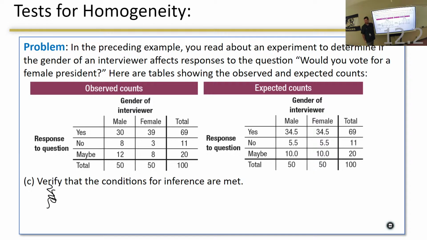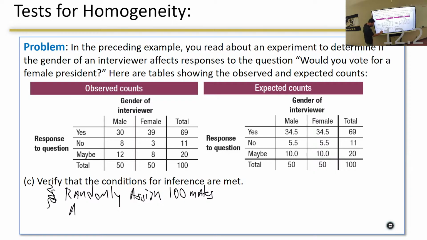Don't put SRS. They're not. We have a randomly assigned 100 males. Don't check the 10% because we randomly assigned them. We used them all. I don't care about replacement.